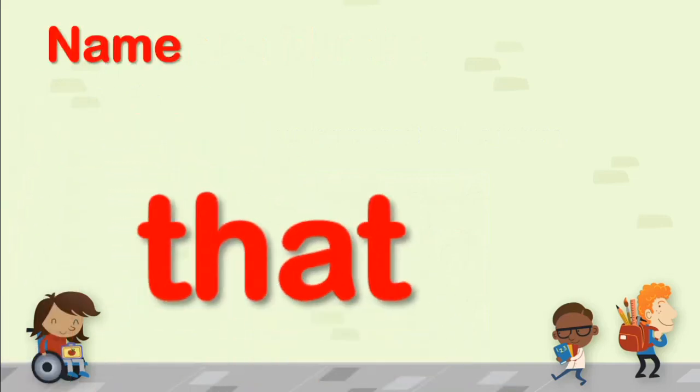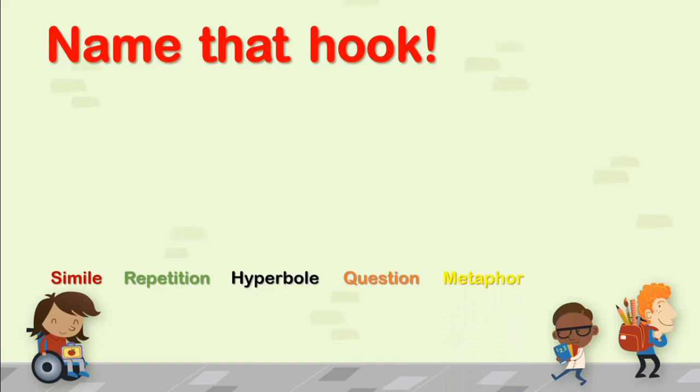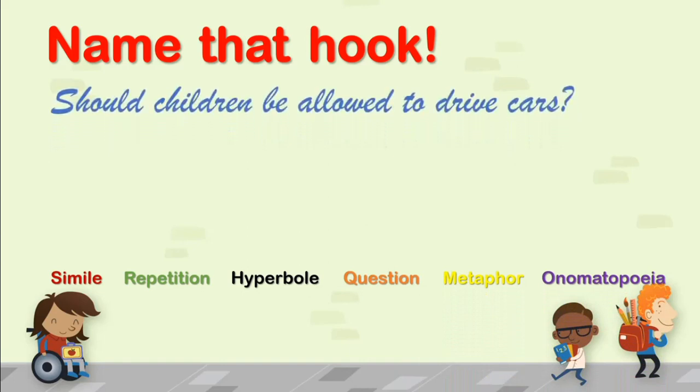Let's play Name That Hook. This is where you get to determine the type of sentence hook used. Identify whether it's a simile, repetition, hyperbole, question, metaphor, or an onomatopoeia. Here's our prompt. Should children be allowed to drive cars?